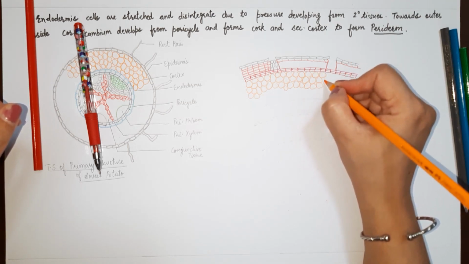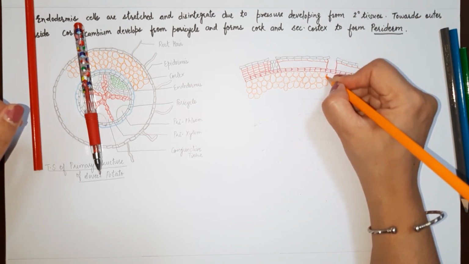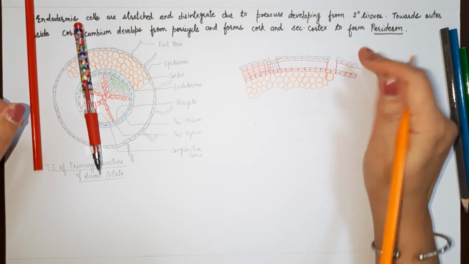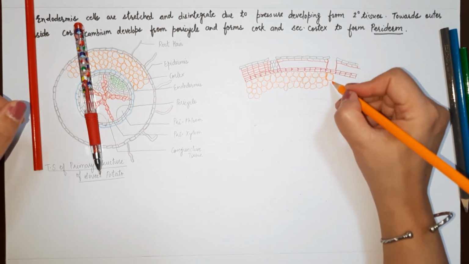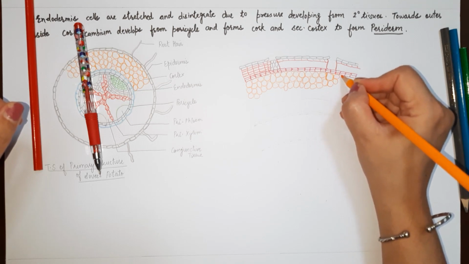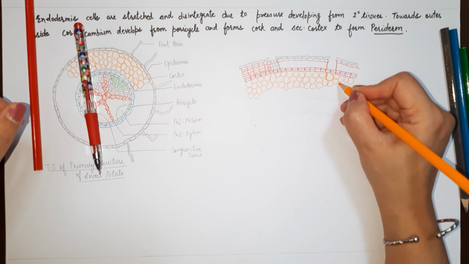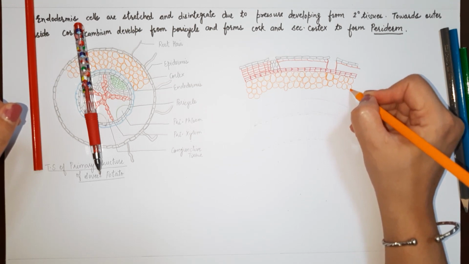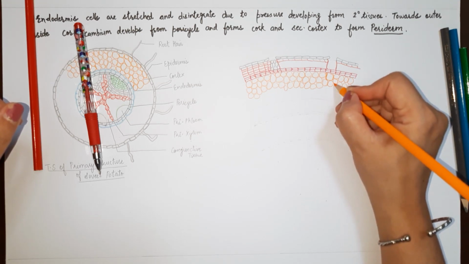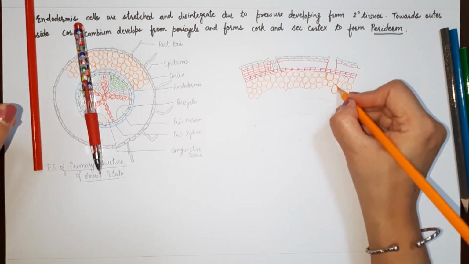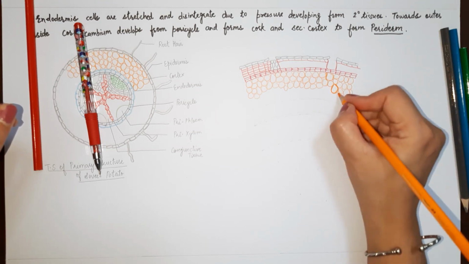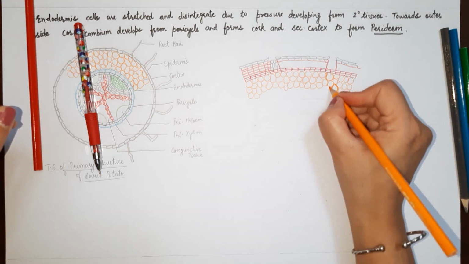Okay. In this region also you can show abundant latex canals. You can draw large polygonal cells which will mark latex canals. And I am thickening those cells so that they are differentiated.